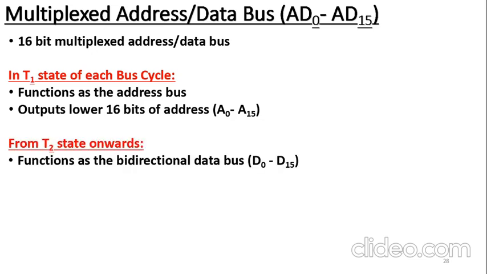Then from the T2 state onwards, namely T2, T3 and T4, in the same bus cycle, this multiplexed bus functions as a bidirectional data bus.